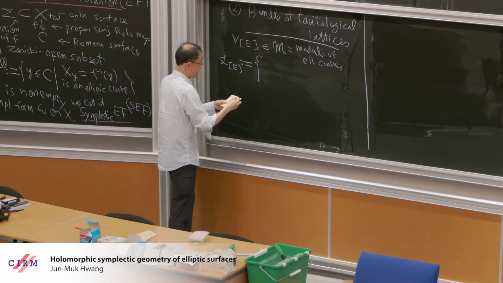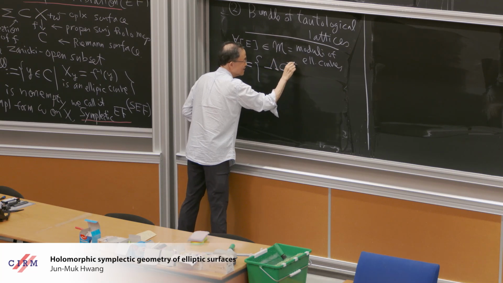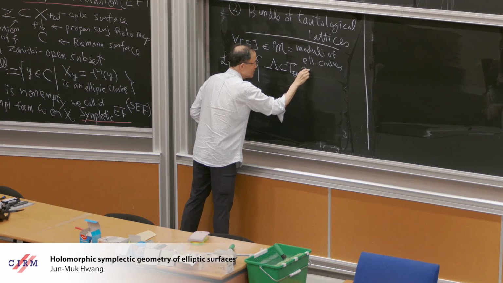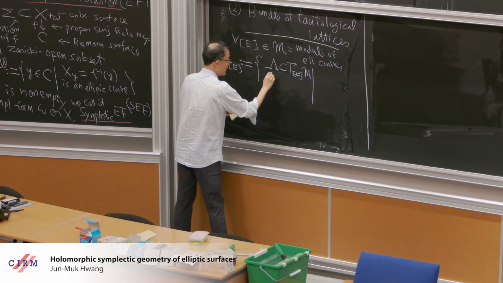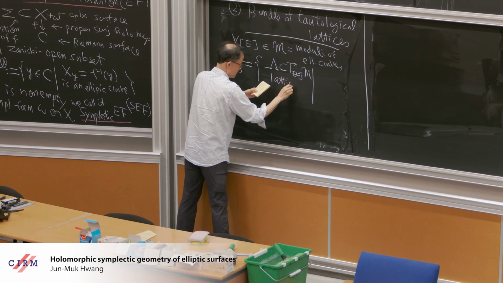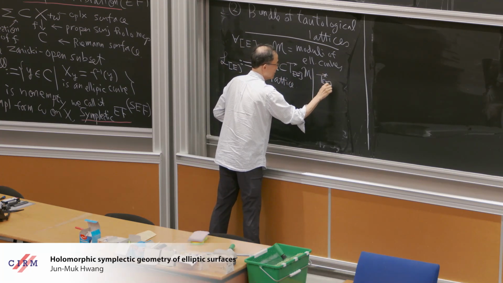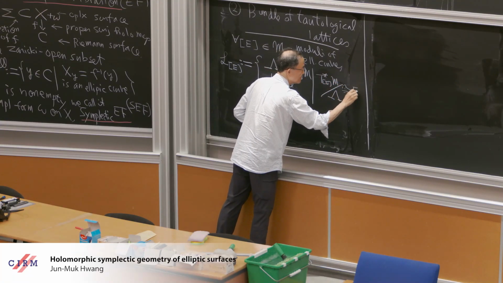This is a set of lattices inside the cotangent space of the moduli space, such that when you take the quotient, this is isomorphic to E itself.